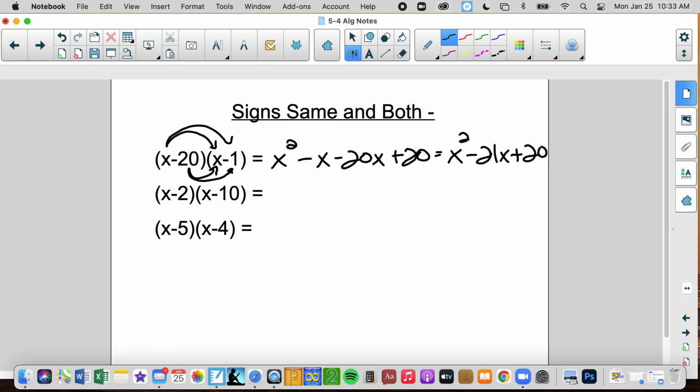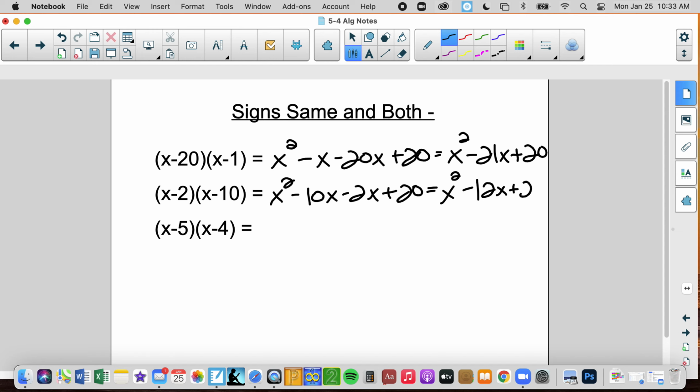Let's just erase that for the time being so I can write my next one. Let's do the next one. That's x squared, outside, inside, lasts. That produces x squared minus 12x plus 20. Firsts, outside, inside, lasts. X squared minus 9x plus 20.